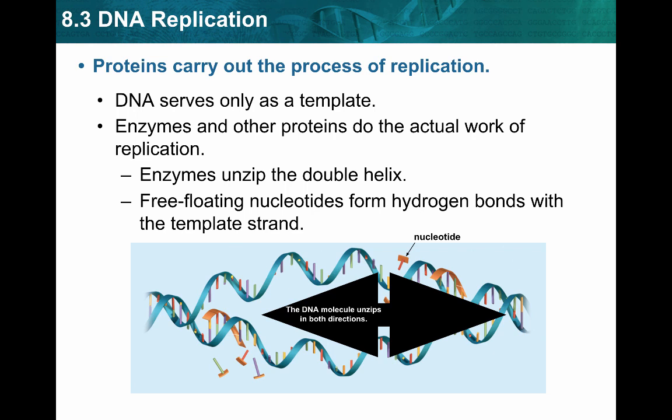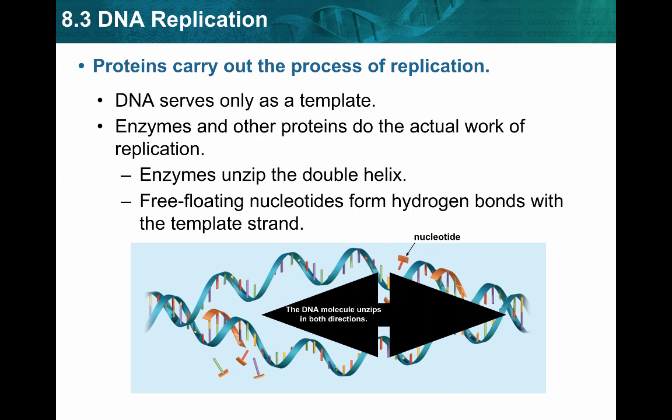Well, it is a bit more involved, so we're going to talk about the general process. DNA has to stay in the nucleus, right? And so it is the template for this process. It doesn't do anything other than get copied.